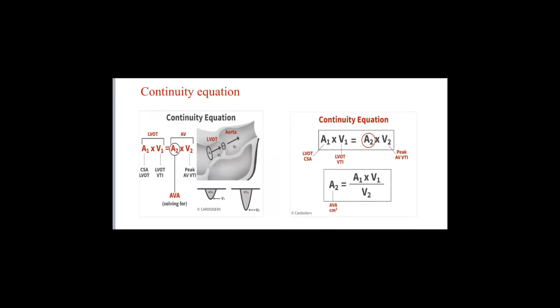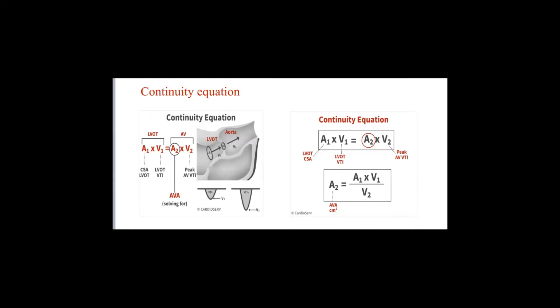Okay. The continuity equation again is based on a physical principle, which is the law of conservation of mass or energy. So within any closed system, the mass does not dissipate, is not lost. It will always be there. So what comes in must go out. The flow in the LVOT is equal to the aortic flow.